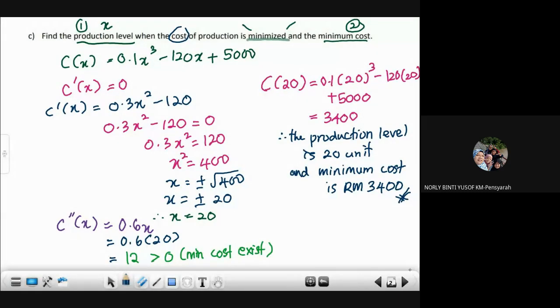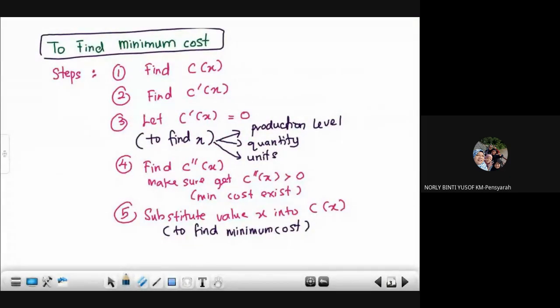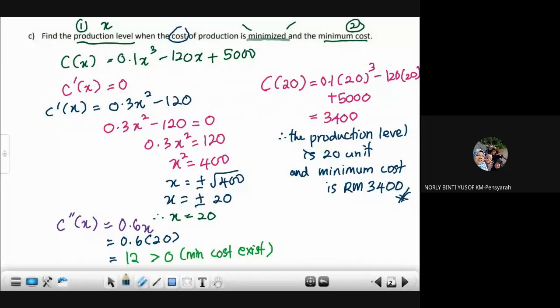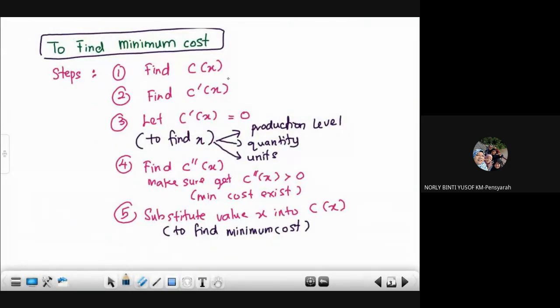Kalau nak lebih faham untuk jenis soalan C ni nanti bila kat tutor, so I give you this one lah. To find minimum cost, step dia find the cost function lah. Tapi dalam soalan ni kita dah cari cost function tu dekat A kan. So find the C(x) and find the C'(x), that means marginal cost.